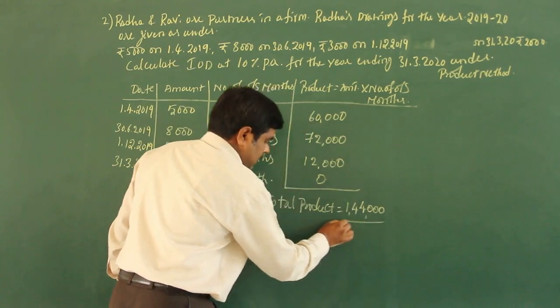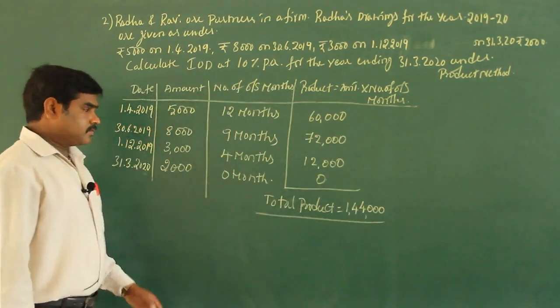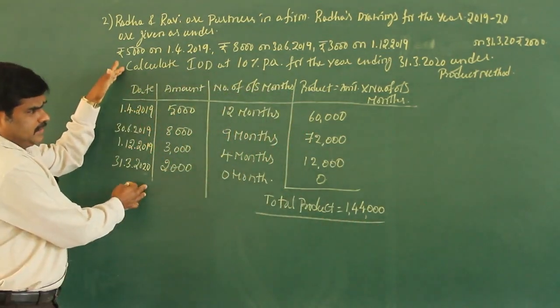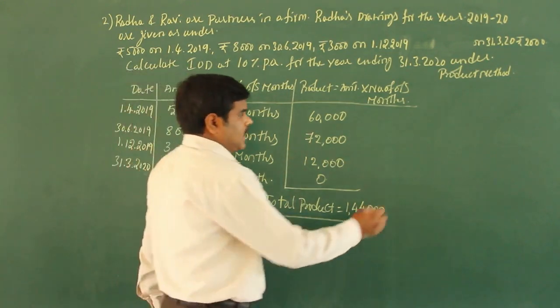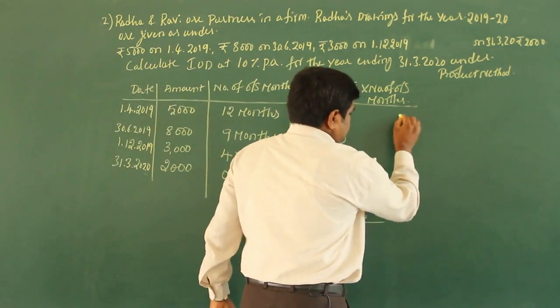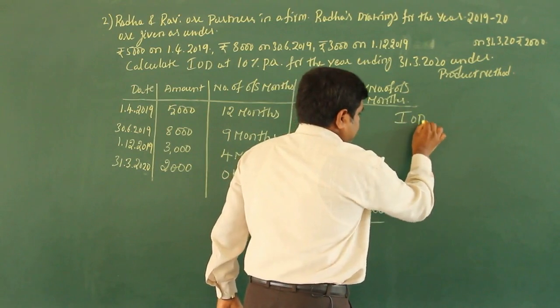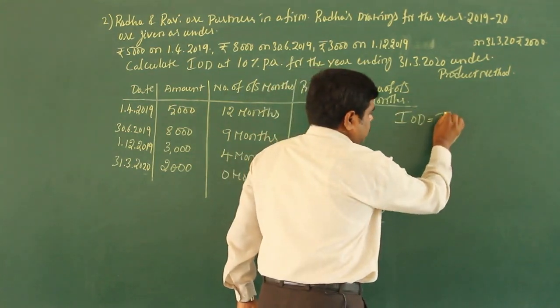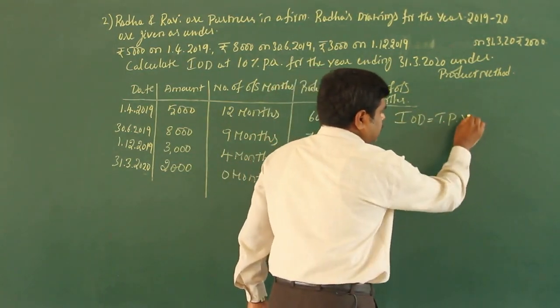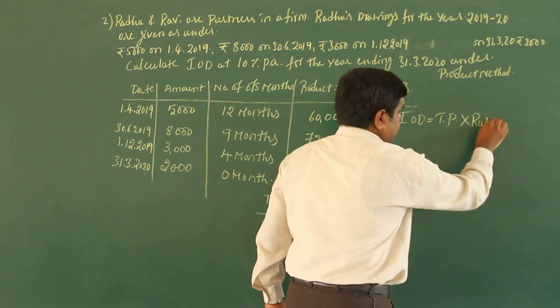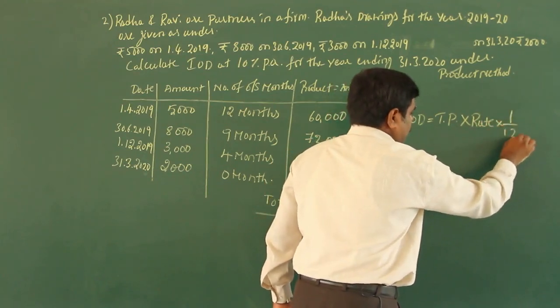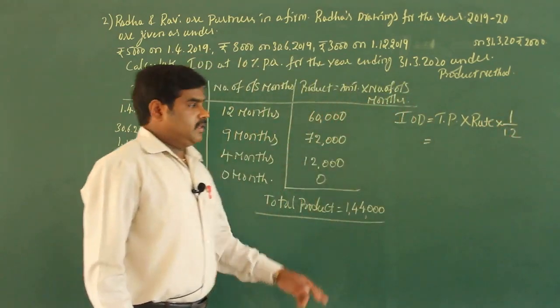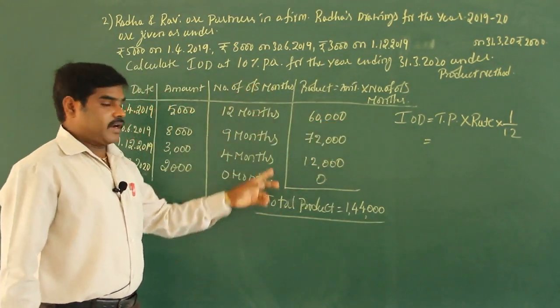Total product is 1,44,000. First you do this table, then we go for the calculation under the product method. Interest on drawings is equal to total product into rate into 1/12. This formula is common under the product method.